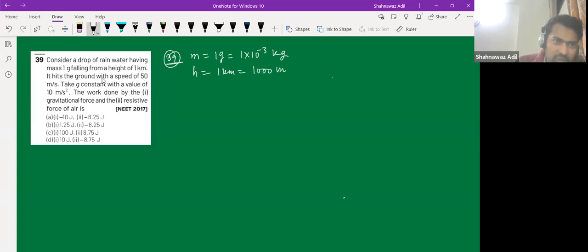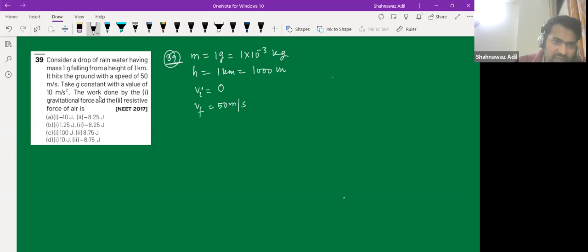It hits the ground with a speed of 50 meters per second. So V initial is 0, V final is 50 meter per second, and g is 10 meter per second square, right?